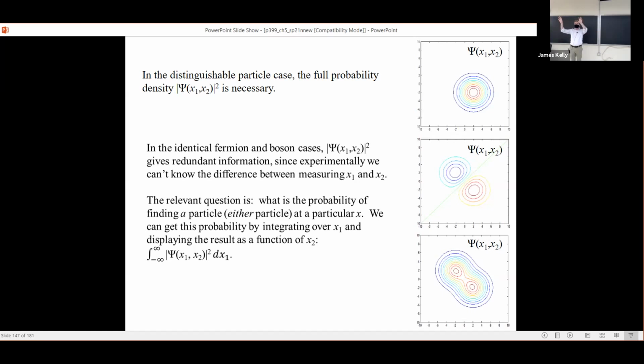The other one is in a Gaussian state centered at x equals +2. And we want to display that probability for finding a particle, either particle, as a function of x. And then I'm going to let the particles get closer and closer together, and we'll see what happens. So let's go to MATLAB here.